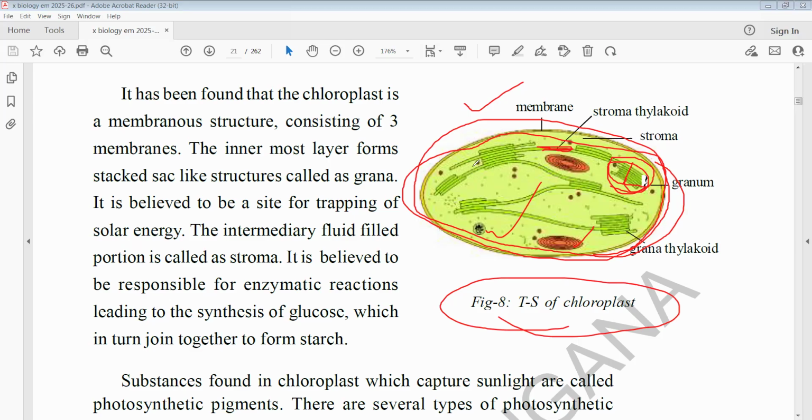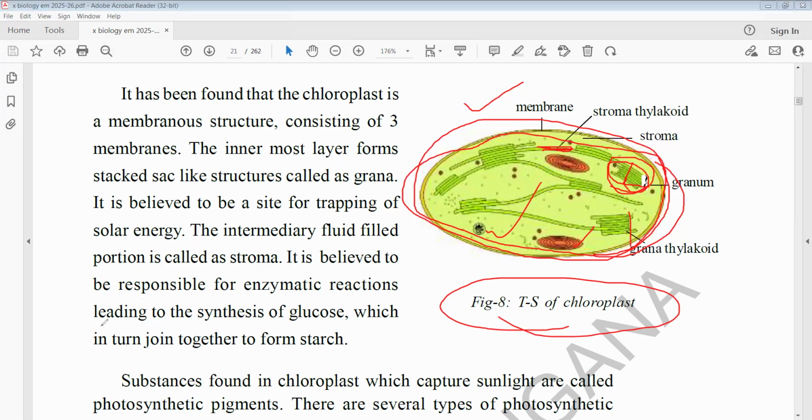Inside the stroma there is a bridge-like structure, the stroma thylakoids. In some regions the stroma thylakoids form piles like stacks of coins, the granum. This is called the grana thylakoid.